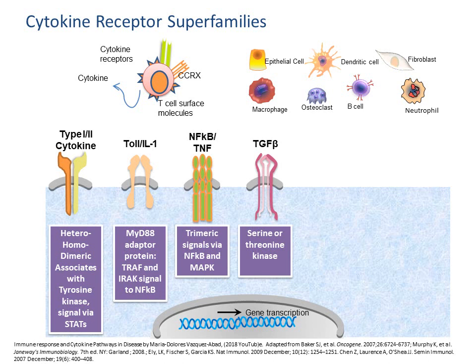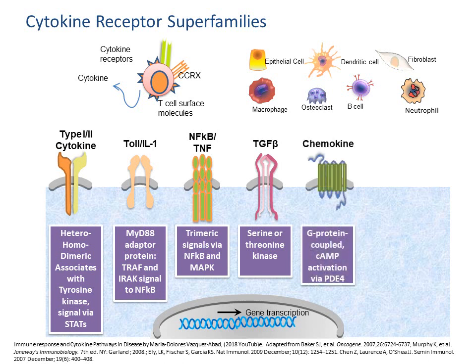They use serine or threonine kinase, as opposed to the first type 1-2 cytokine, which used tyrosine kinase. The TGF-beta receptors use serine or threonine. So that's what differentiates this superfamily from the others. The chemokine family will now use cAMP, so cyclic AMP.